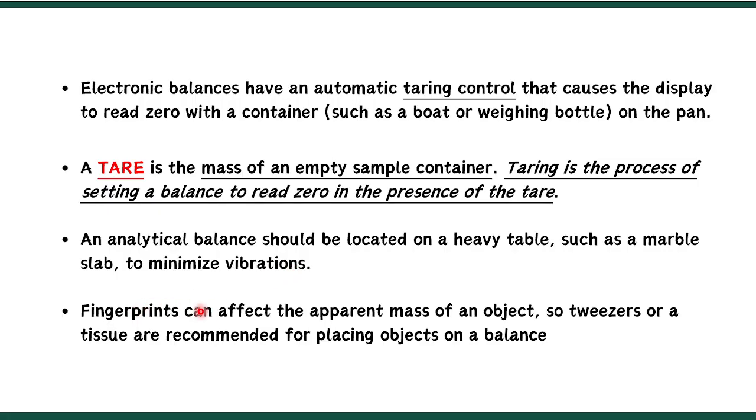Now, fingerprints can also affect the apparent mass of an object. So tweezers or a tissue are recommended for placing objects on a balance. When we weigh later, we will have a laboratory activity intended for this.